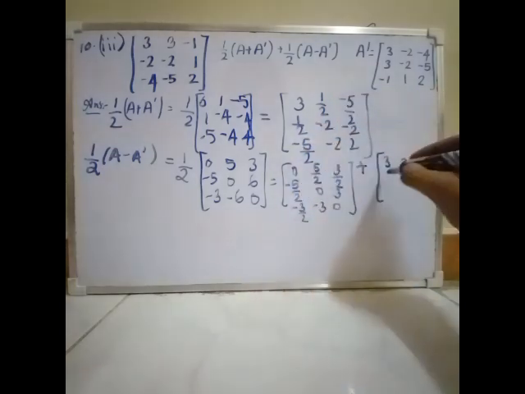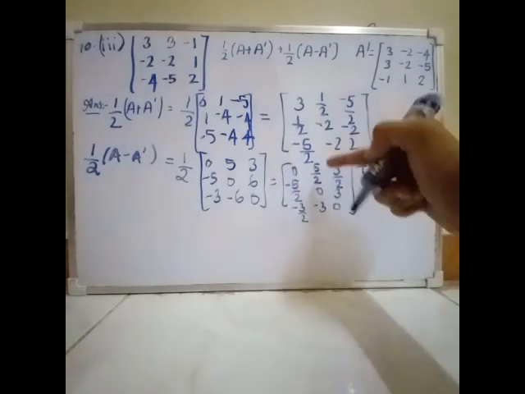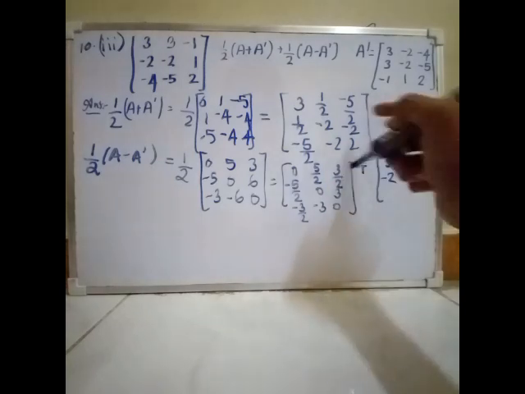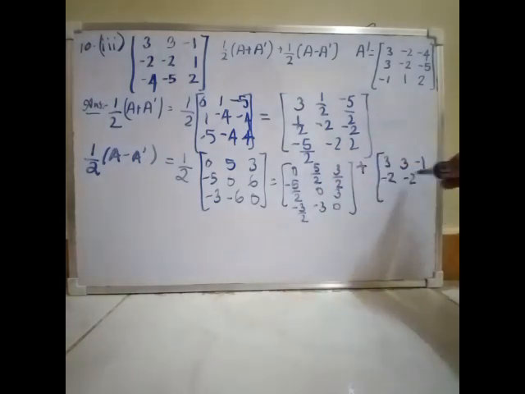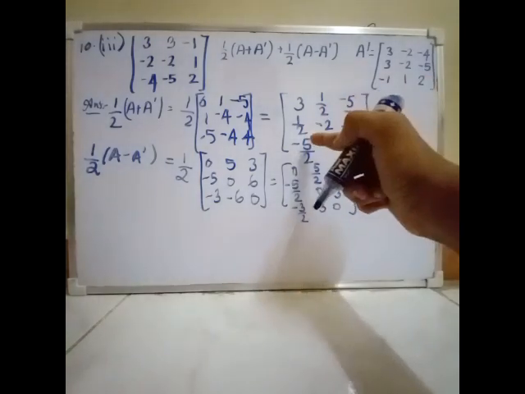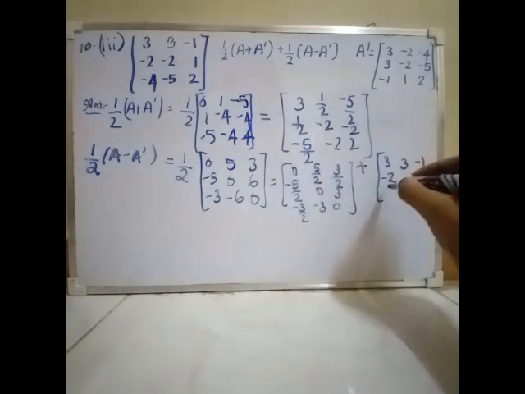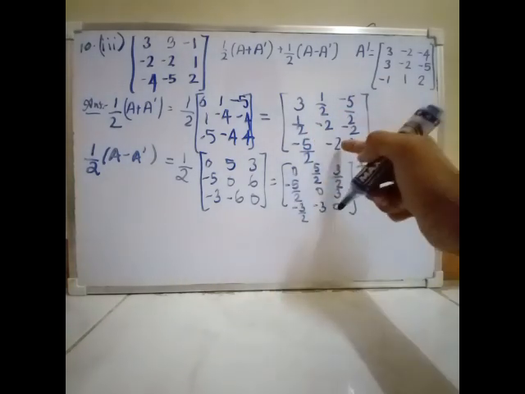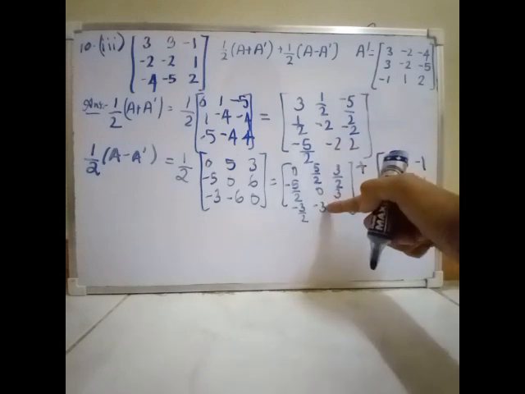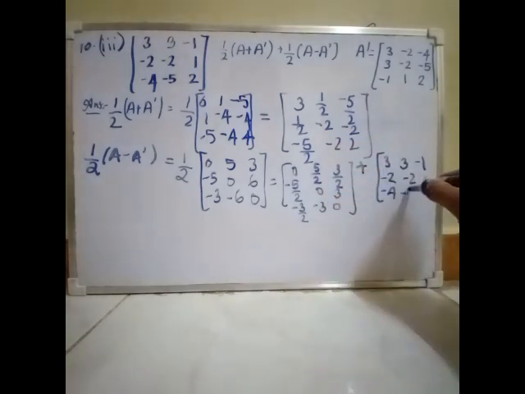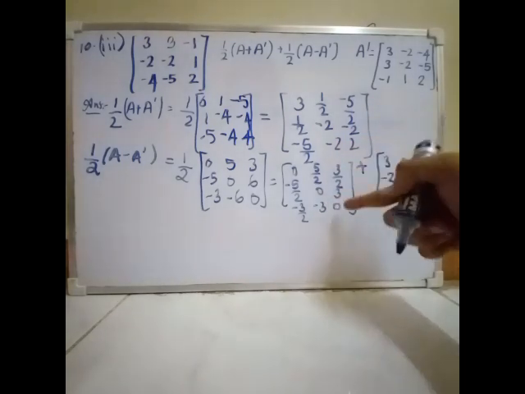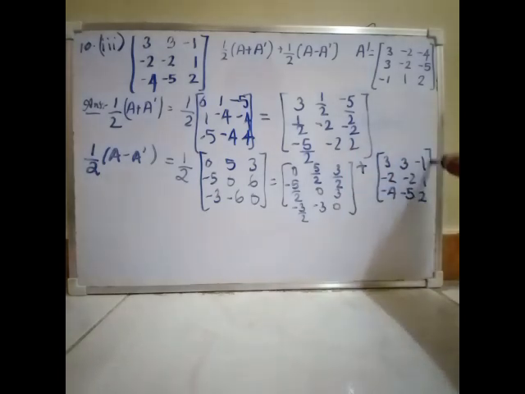Minus 4 by 2, minus 2. Minus 2, 0, minus 2. Minus 2, 3 plus 3, right? So 1. Minus 5 by 2 minus 3 by 2 would be minus 4. And minus 2 minus 3 would be minus 5. And 2 plus 0 would be 2.